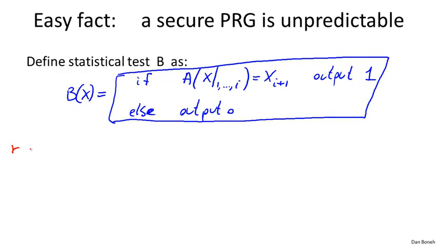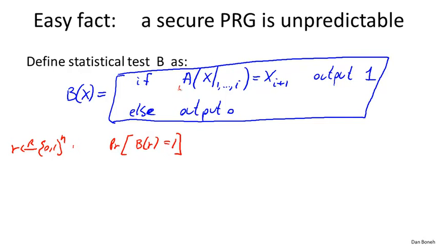So now let's look at what happens. Suppose we give the statistical test a truly random string R, and we ask what is the probability that this statistical test outputs 1? Well, for a truly random string, the i plus first bit is totally independent of the first i bits.